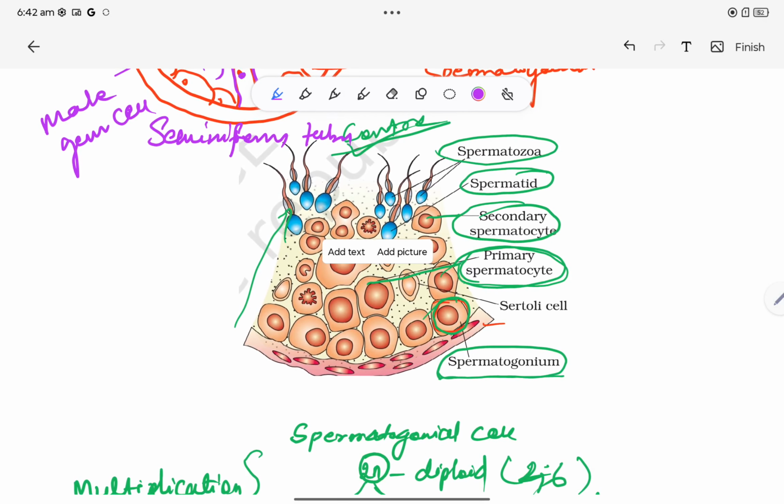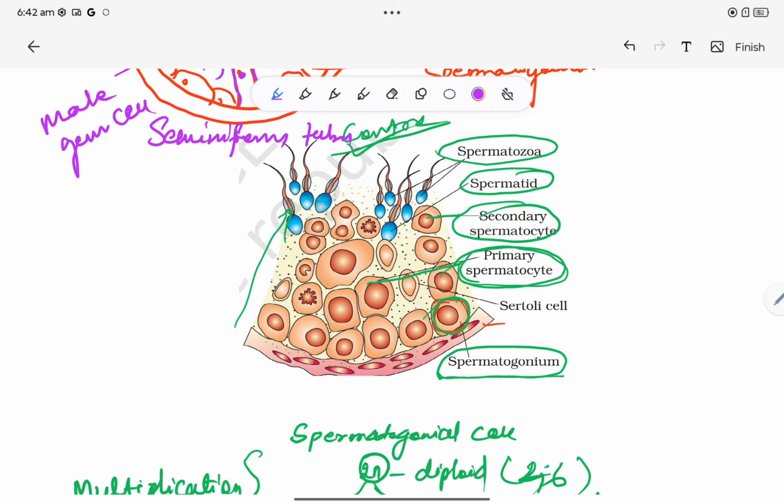This is the diagram of your textbook. This diagram is asked in the exam, or else the diagram will be given and you have to label it. Some particular things are to be labeled by you. So let me show you.